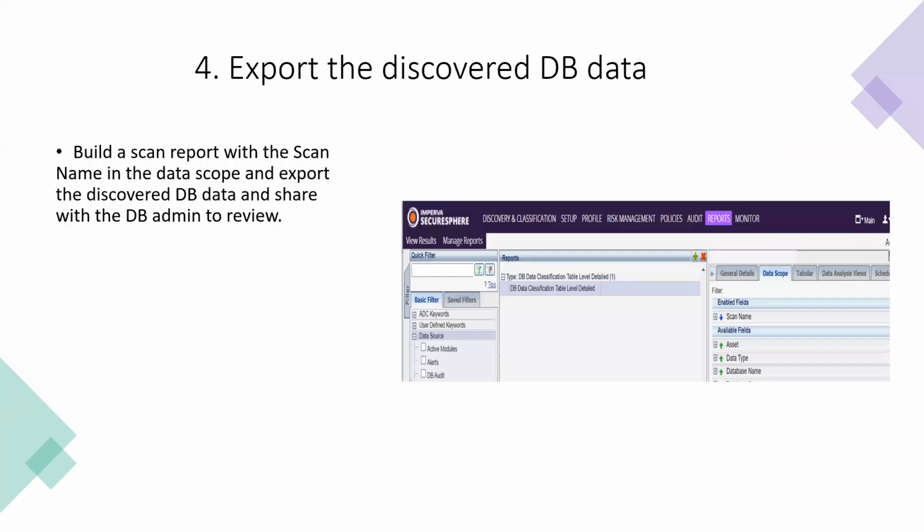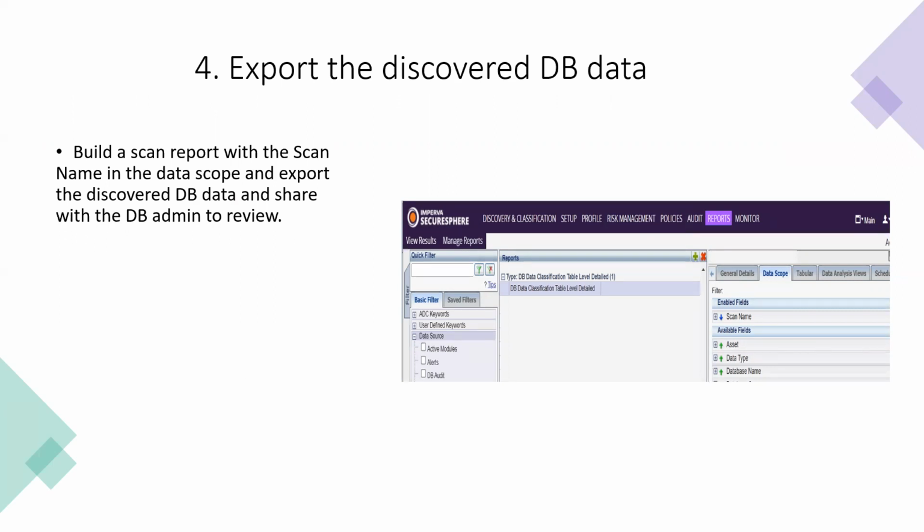Okay, the fourth step would be we have to export the data discovery results. The reason we are exporting is we are going to share it with the database administrator who can tell us, this is the sensitive data and these are the non-sensitive data. So based on that, we can build the policies only on the sensitive data. They have the knowledge about what is sensitive and non-sensitive.